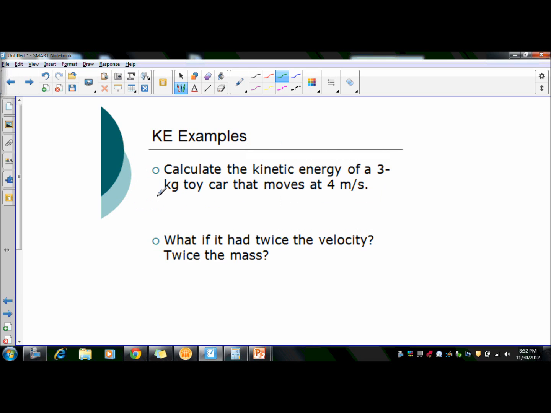So let's just try some examples with this equation now. So we have KE equals 1/2 mv squared. In this problem, it says calculate the kinetic energy of a 3 kilogram toy car that moves at 4 meters per second. 3 kilograms, kilograms measures mass. Meters per second measures velocity.